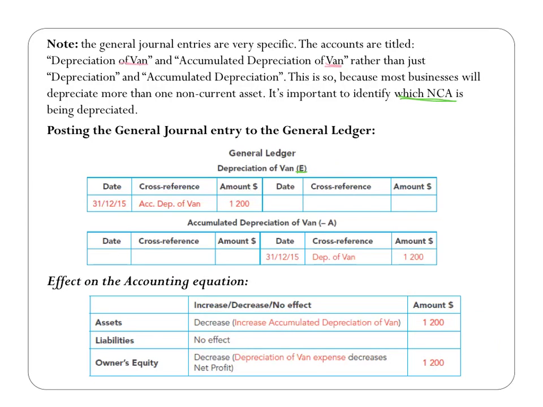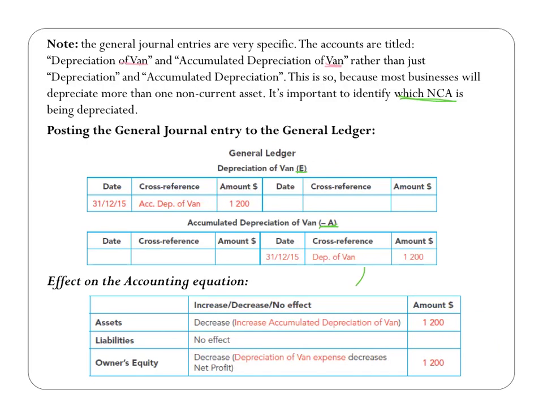For the accumulated depreciation of van account, the negative asset account, you need to credit, because asset accounts are debit-nature accounts and this is a negative asset account. The cross-reference is depreciation of van, $1,200.